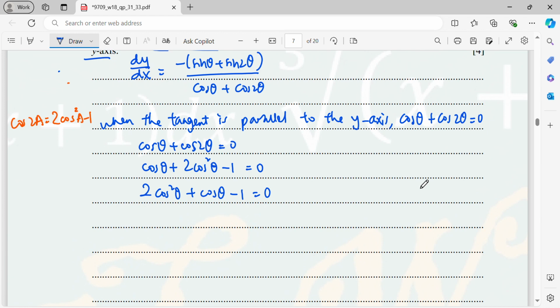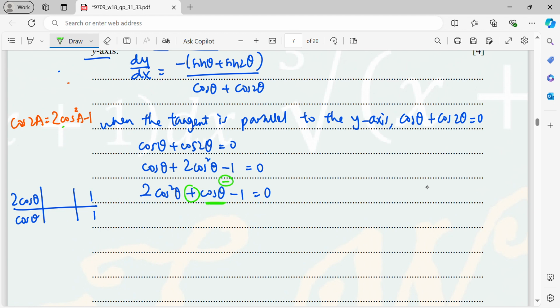into 2 linear factors. So it will be 2 cos theta squared is 2 cos theta times cos theta. Okay, then after that, the 1 is 1 times 1. Now look at the sign here. This is minus. Plus times minus is a minus.